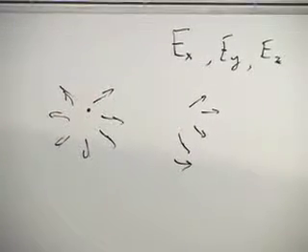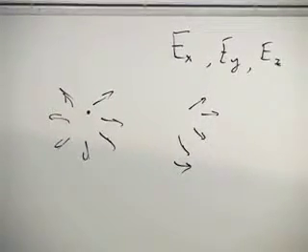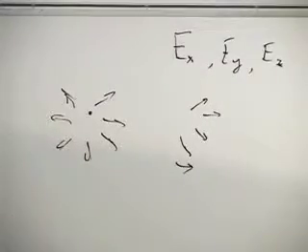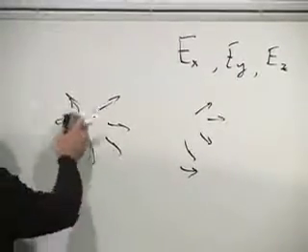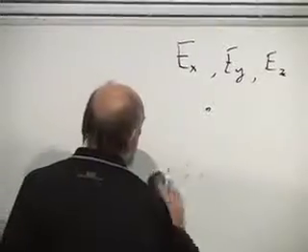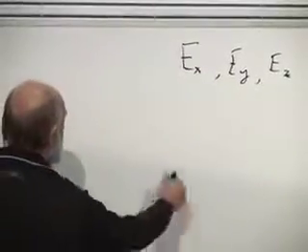Now the mathematical expression that represents this tendency of the vector field to point away from a point is called a divergence.